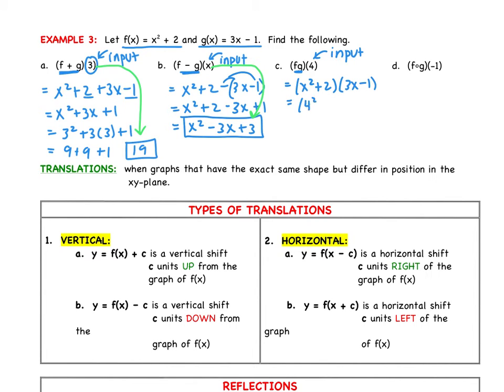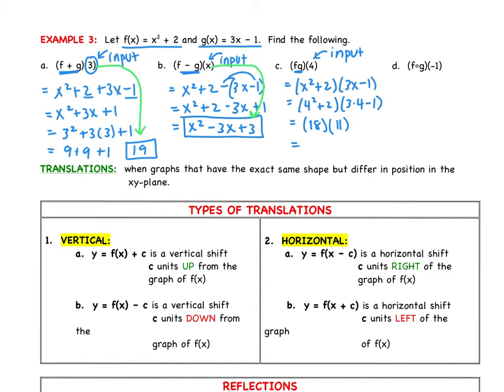So we get 4 squared plus 2, and then we get 3 times 4 minus 1. So that 4 squared plus 2, 16 plus 2 is 18. And then the second set of parentheses, we get 12 minus 1. 12 minus 1 is 11.